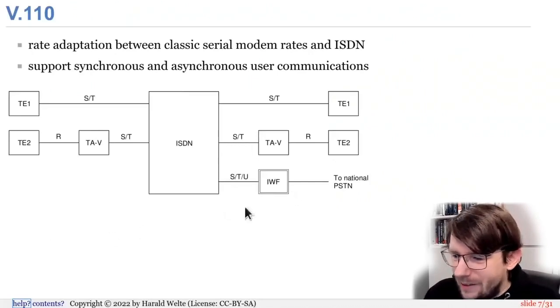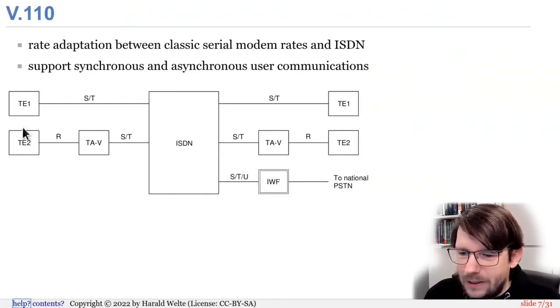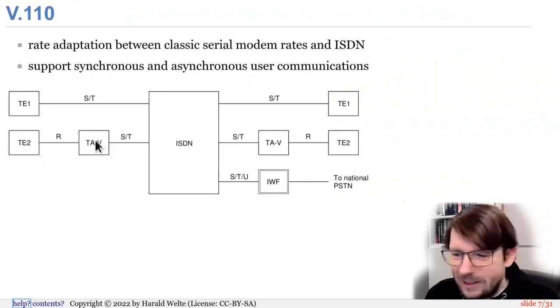So one situation that has been specified, which I'm not really sure has seen the light in public networks, maybe you have some ideas on that, is the idea that there could be a network-based interworking function. So let's say you have some kind of serial terminal attaching to a terminal adapter that speaks V.120 or something like that.